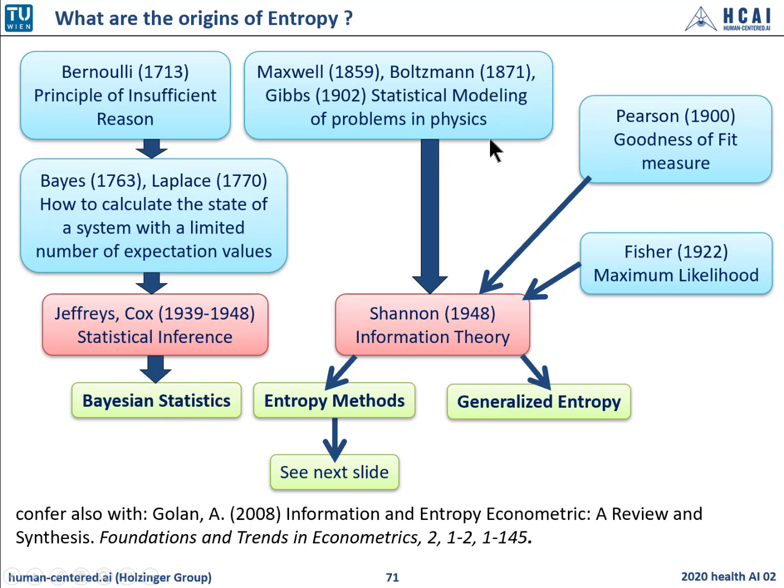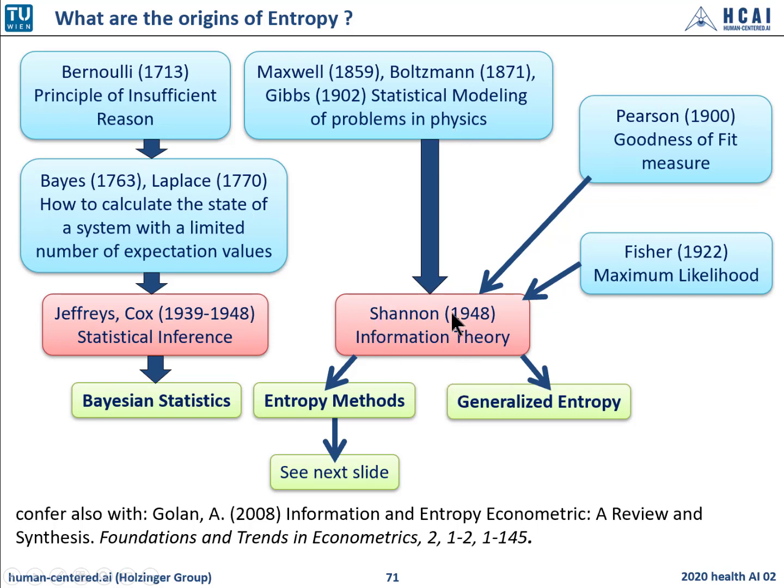And if we look at the physical side, so this was more the mathematical side, then we have a completely similar development from Maxwell, Boltzmann, and Gibbs in statistical modeling of problems in physics. And this was the inspiration for Claude Elwood Shannon.